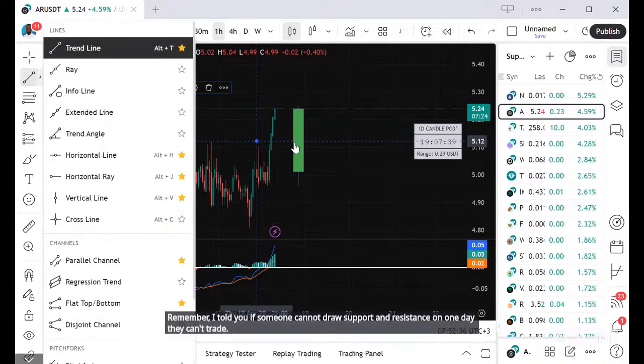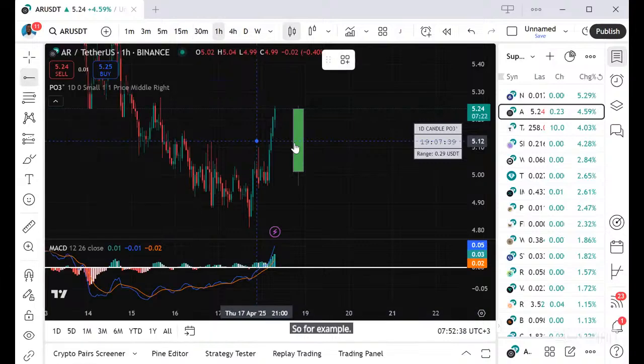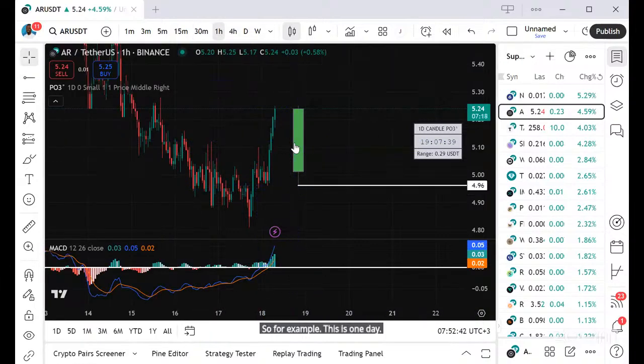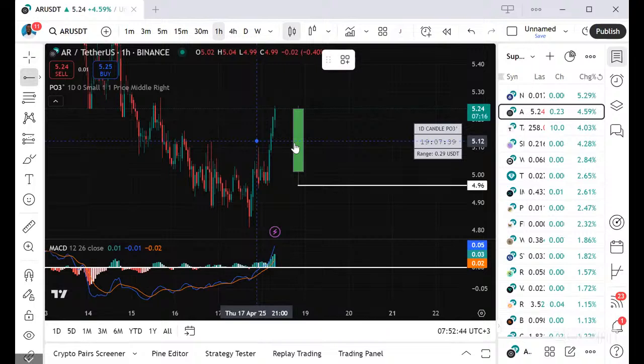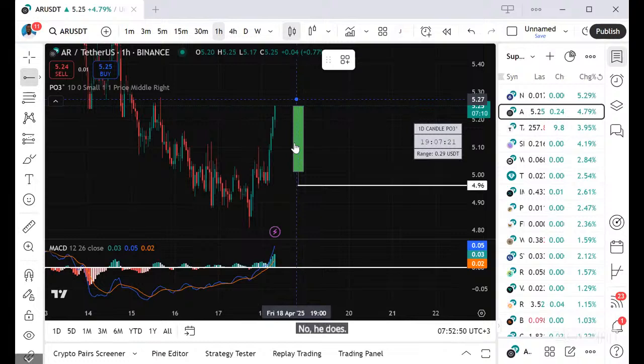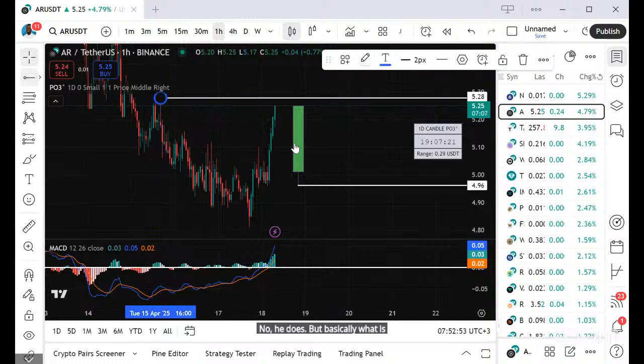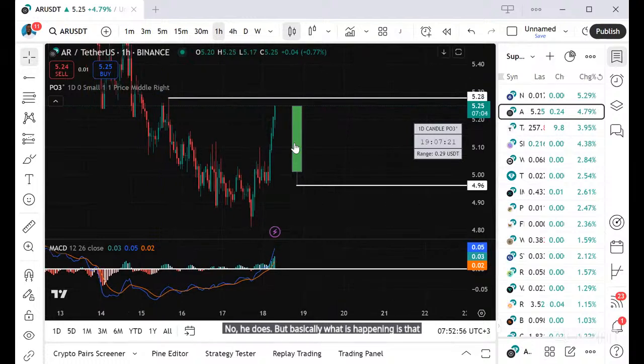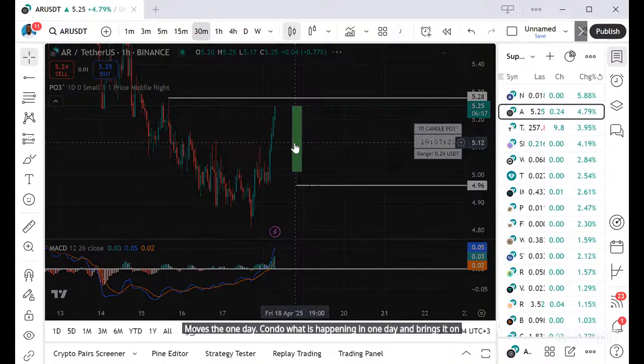So, for example, this is 1 day. Now it has filled the diagram. But basically, what is happening is that this indicator takes the 1-day candle, what is happening in 1 day, and brings it on any time frame you are trading.